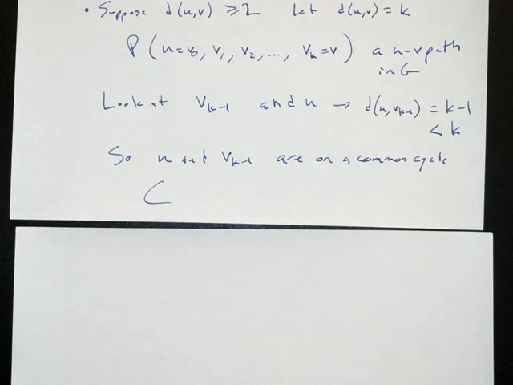I also know Vk minus 1 is not a cut vertex. Yes? And that means there's at least one other path from U to V that misses that vertex.